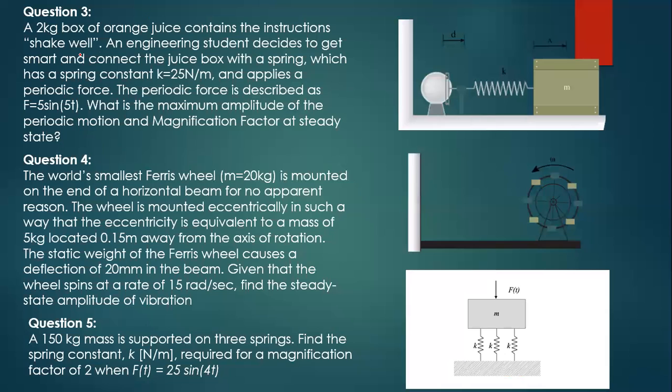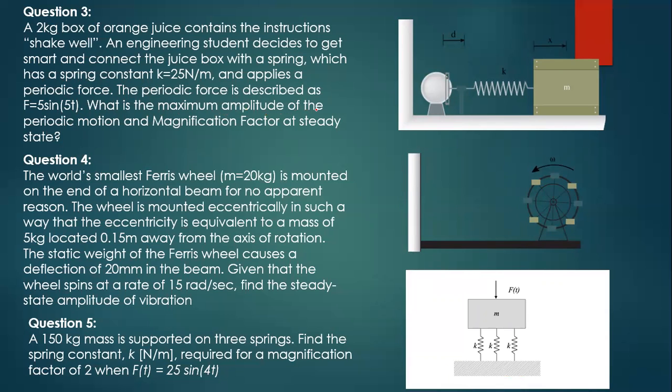An engineering student decides to get smart and connect the juice box with a spring, which has a spring constant K = 25 Newton per meter, and applies a periodic force, which is F = 5 sin 5t.